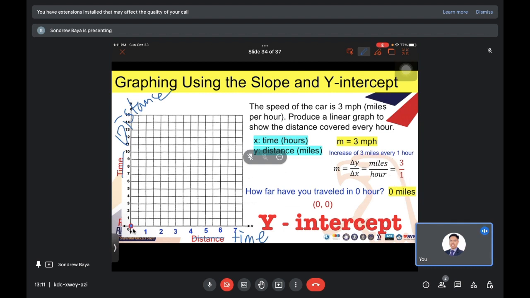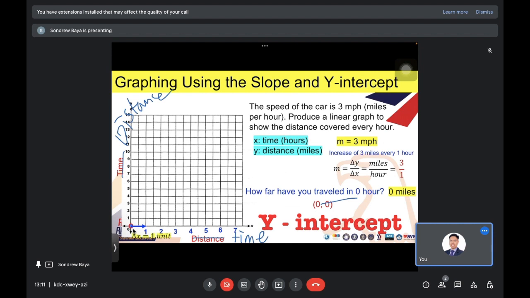That means every 1 hour here, you actually cover 3 miles. And that's where your second point is. I repeat, every 1 unit in the x, which is simply the time in hours, you cover 3 miles.